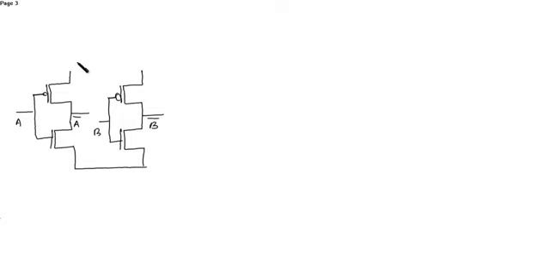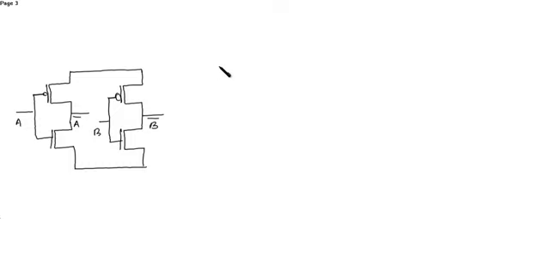Suppose this is the input A, then you'll obtain the output as A bar. Now inverter 2 has input B and output will be B bar. So they have a common ground and a common VDD. So after drawing the inverters, we need two AND and one OR.